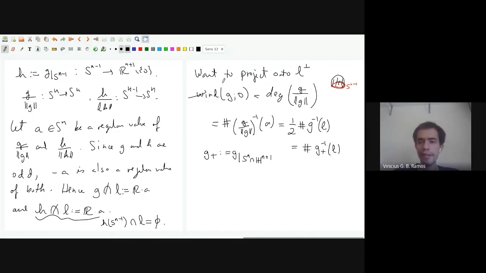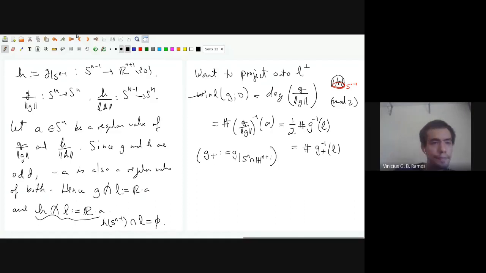And this is an equality mod 2, because the degree is the number of points with signs. So everything here is mod 2. But that's really nice.